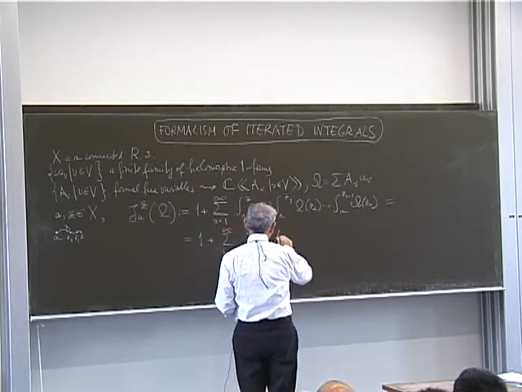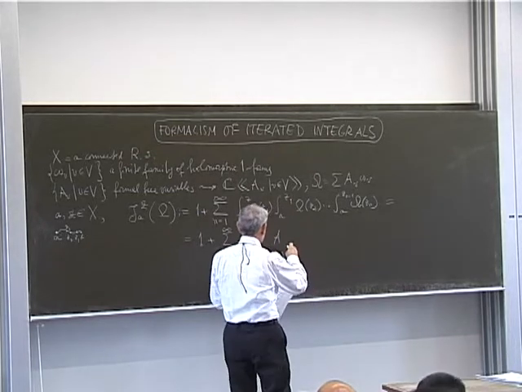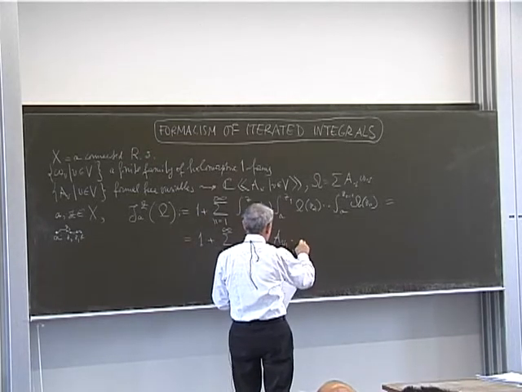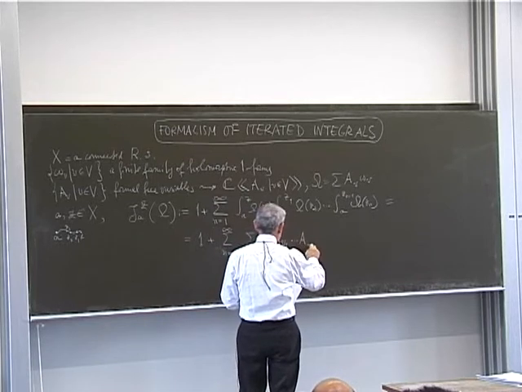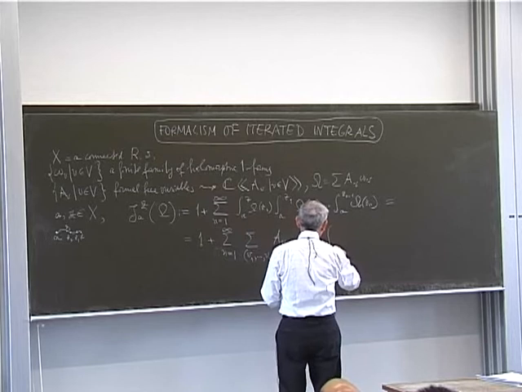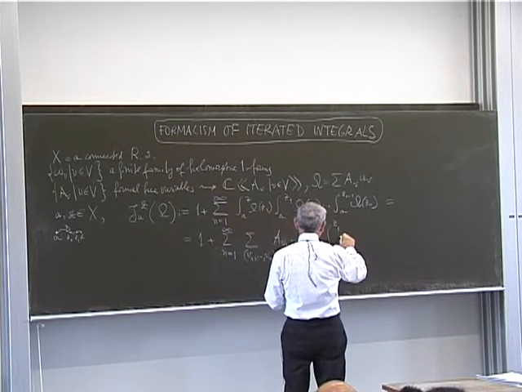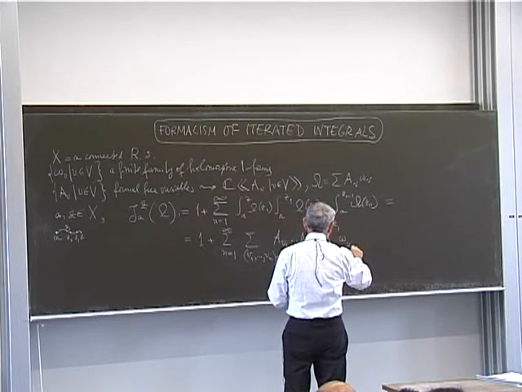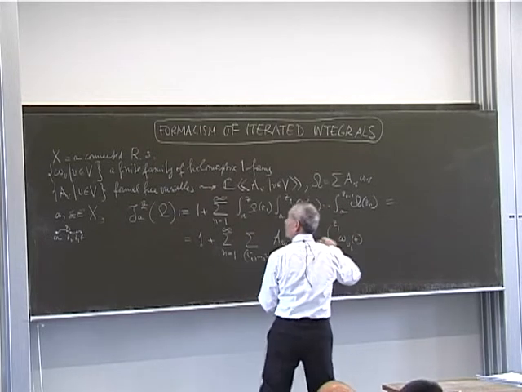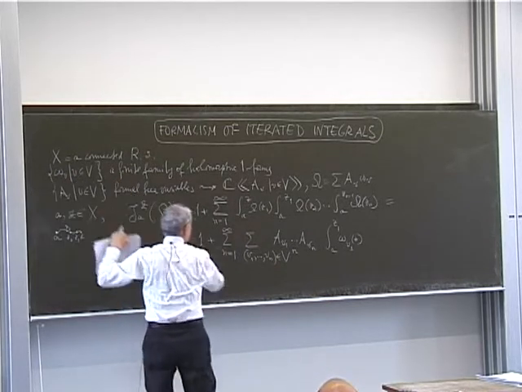And here I put A, what is convenient, I think, AV1, AVN, or vice versa, doesn't matter much. And here I will write the usual iterated integral of forms which are taken from my initial family.